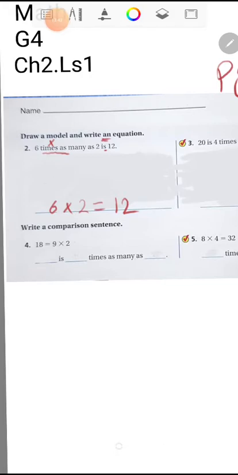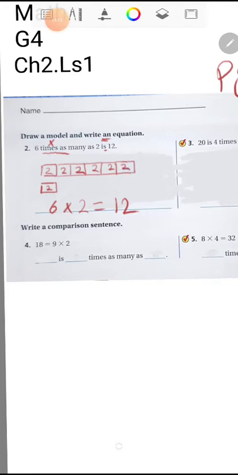If I have only one 2, I take it and repeat this 2: one, 2, 3, 4, 5, and 6.